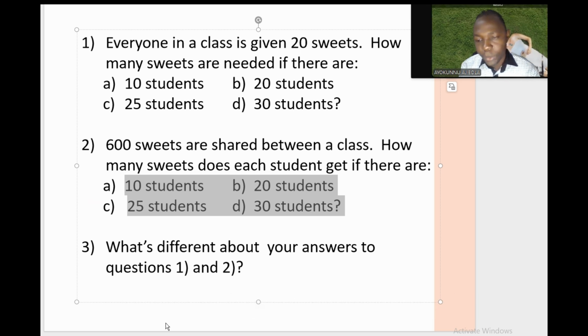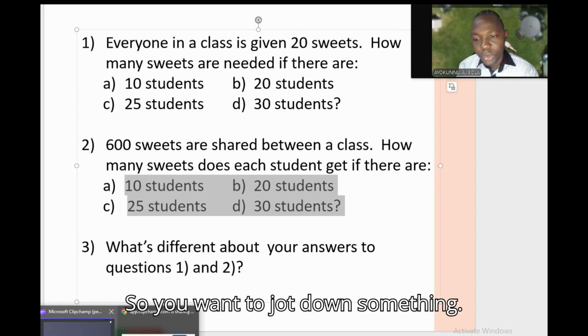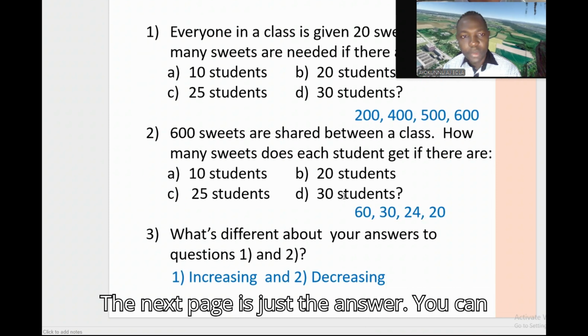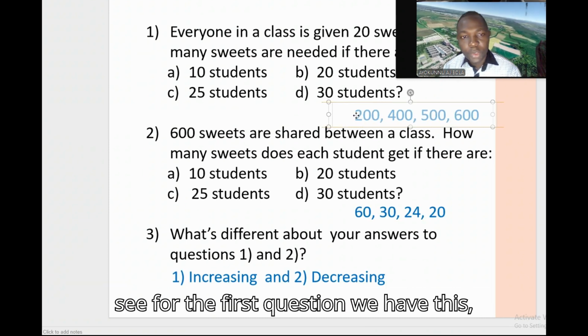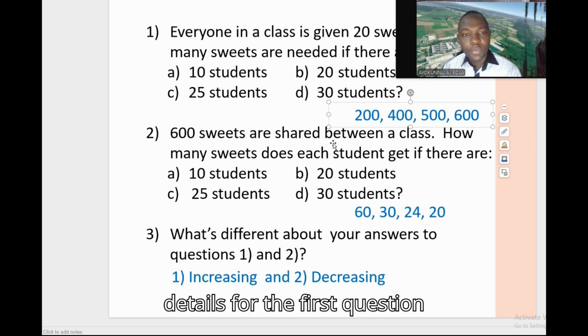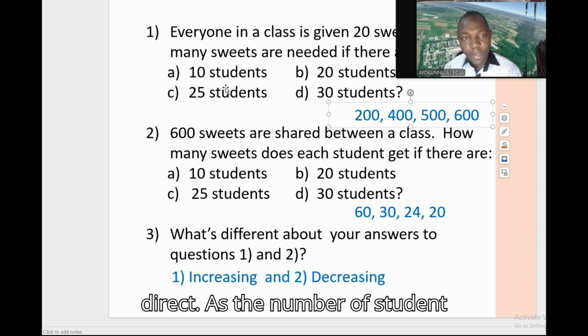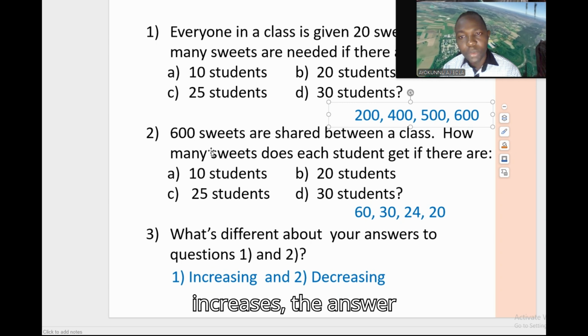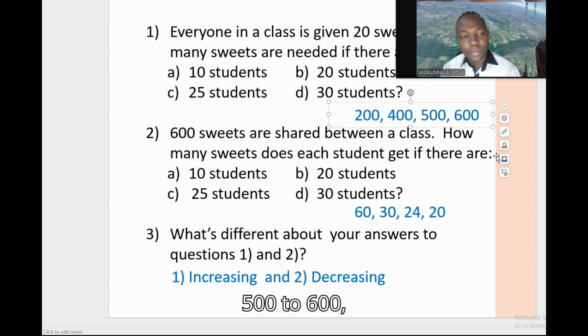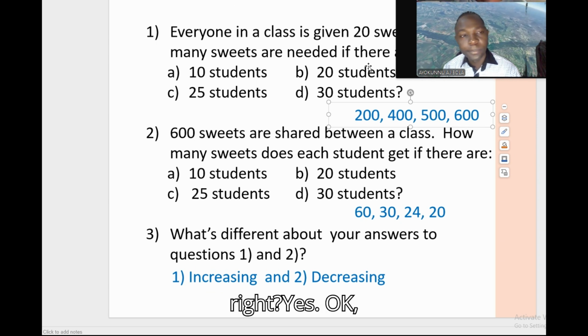Okay, inverse proportion. So you want to jot down something. The next page is just the answer. You can see for the first question, we have the details for the first question, direct. As the number of students increases, the answer also increases from 200 to 400 to 500 to 600, right?